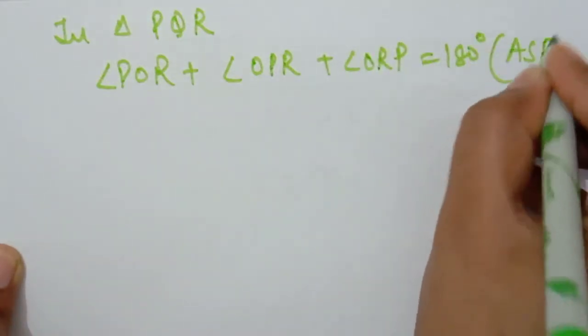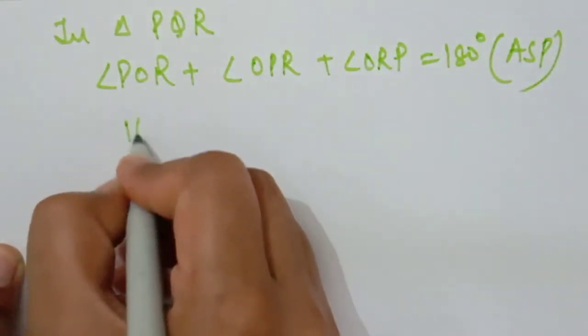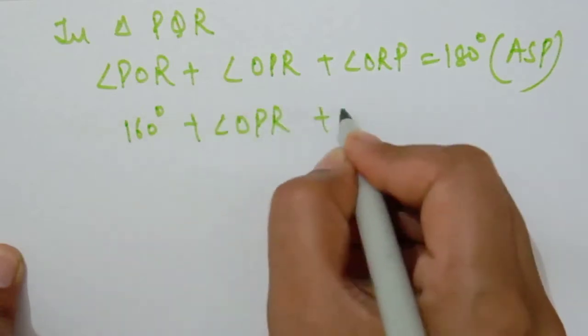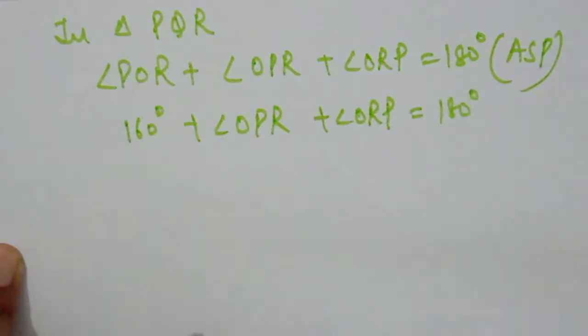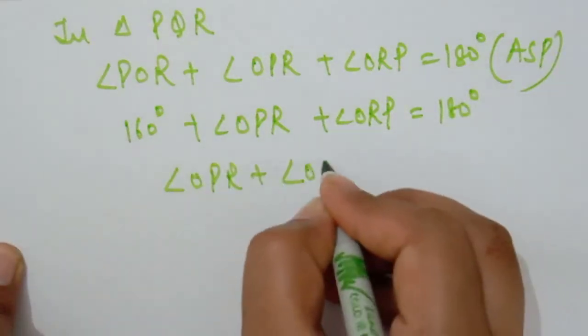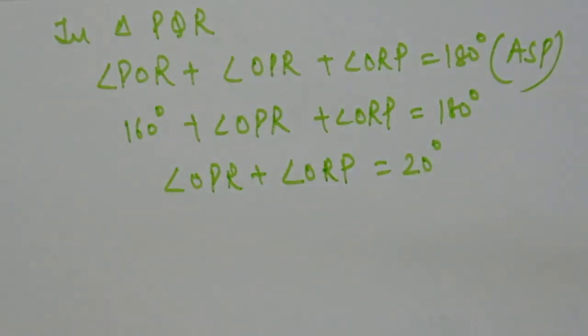Why? Angle sum property. This is 160 degree plus OPR plus ORP is equal to 180 degree. It means OPR plus angle ORP is equal to 20 degree. Sum of these two angles is 20 degree.